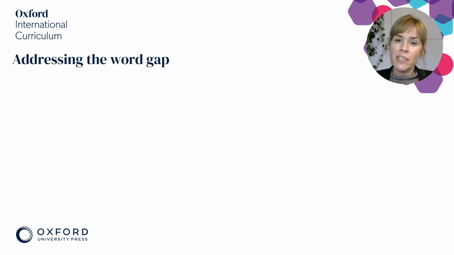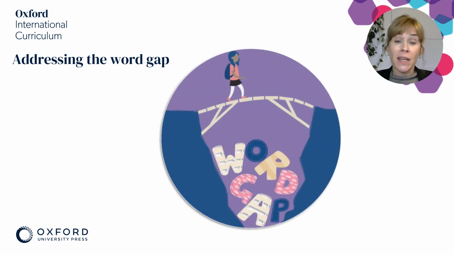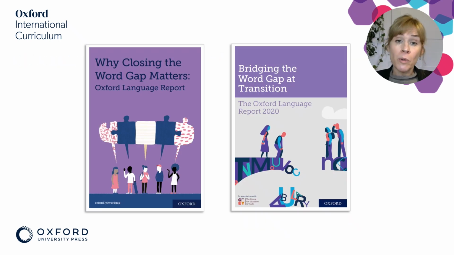Oxford University Press has written a series of influential reports with leading language experts highlighting the importance of young people having all the words they need to thrive at home and in school and beyond. The reports show how children who lack vocabulary are disadvantaged throughout their schooling and in their lives beyond school. The reports give advice on how this word gap can be closed, showing case studies of some of the strategies that teachers and schools can use.